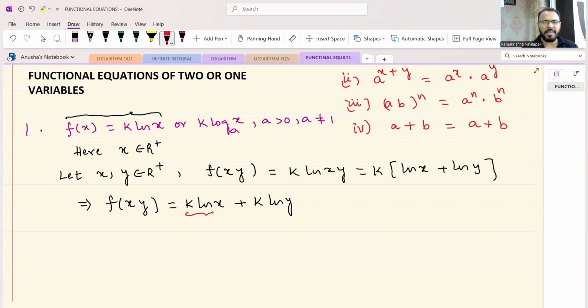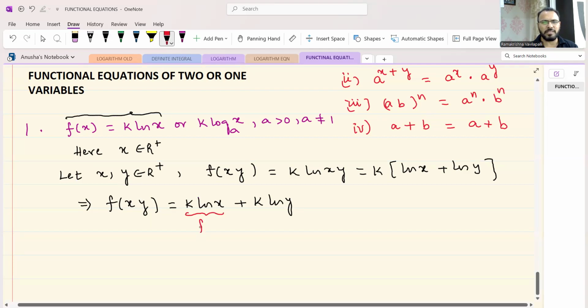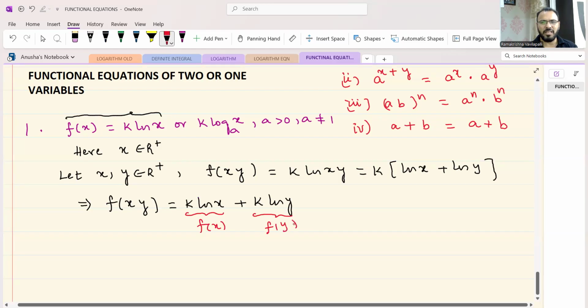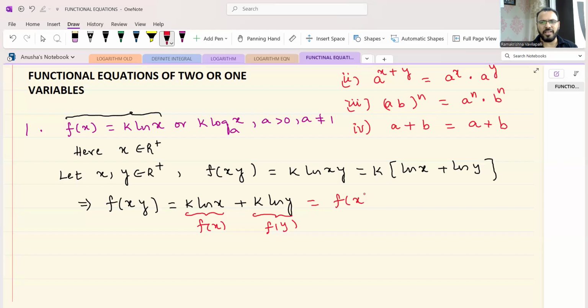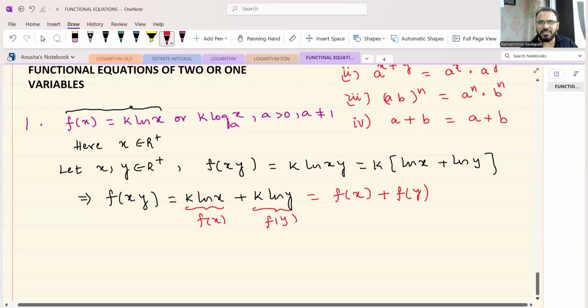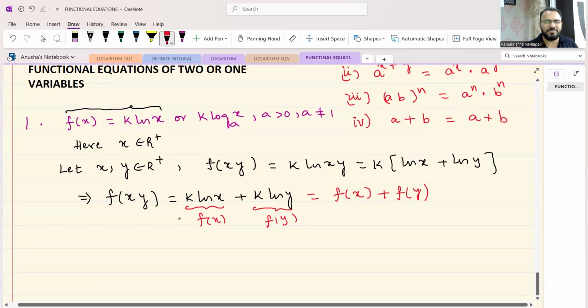Here k ln x is nothing but f of x, and k ln y is nothing but f of y. So we got f of x plus f of y. Wow, so we got some kind of functional relation, or you can say an equation.